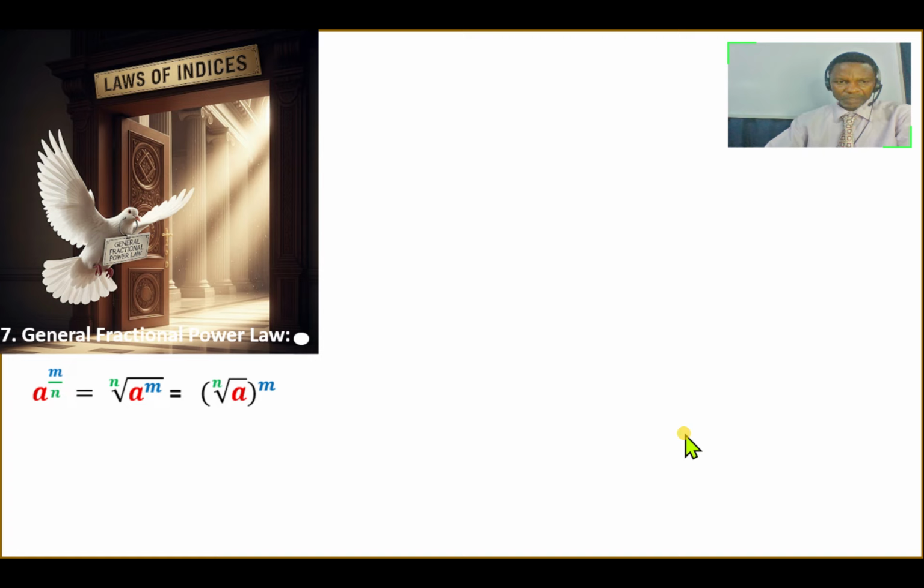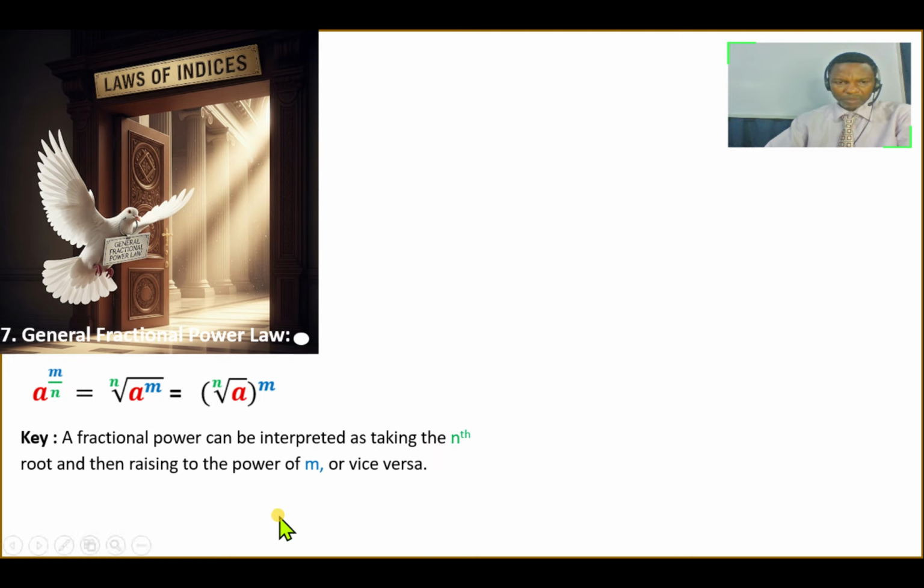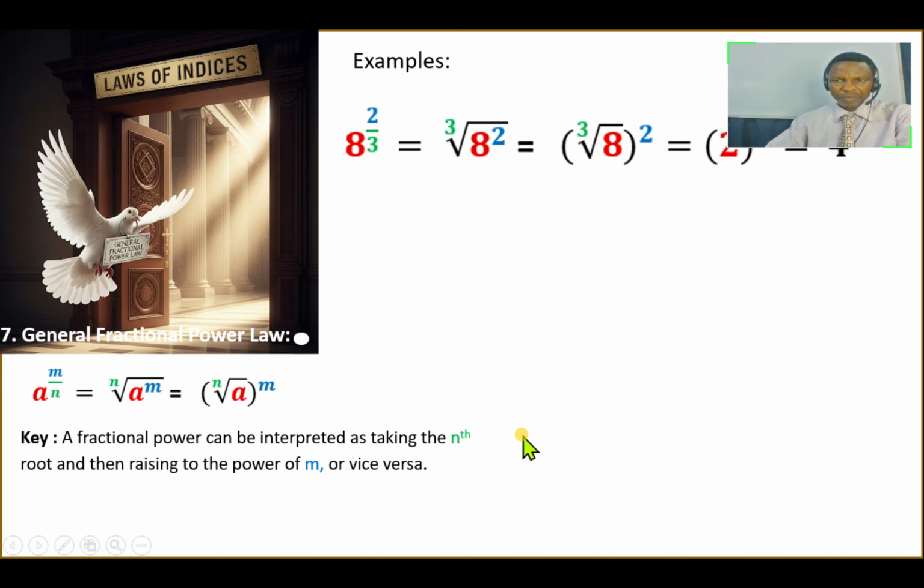So let's look at the general fractional law. A raised to the power m over n is the nth root of a raised to the power m, or the nth root of a all raised to the power m. So a fractional power can be interpreted as taking the nth root and then raising it to the power of m, or vice versa.